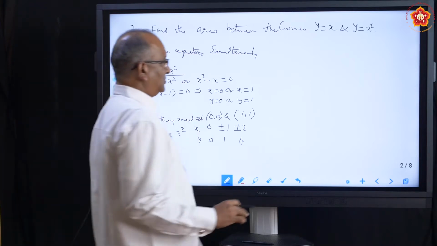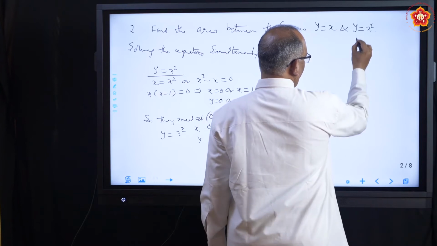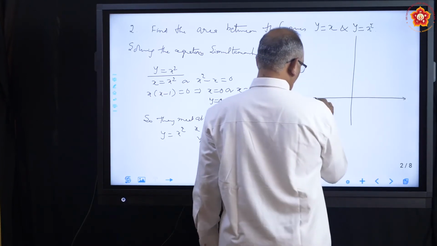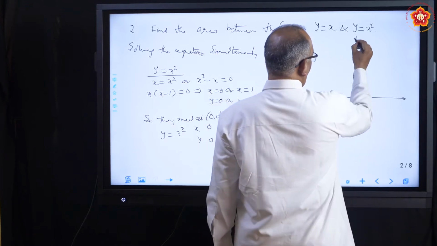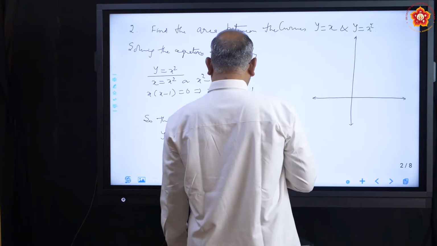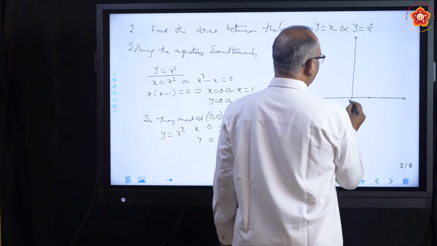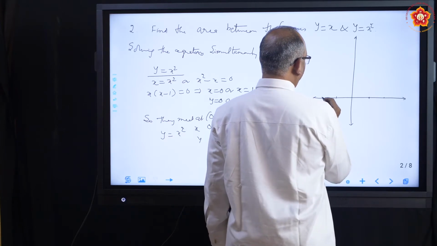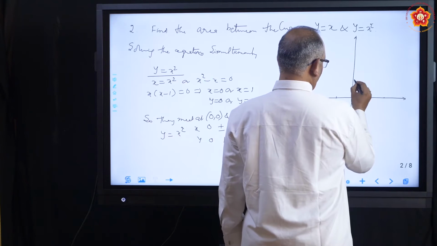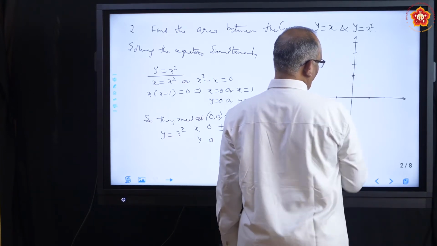We will just draw a rough diagram, we will not go into detail. The x values are only 1 and 2, similarly here we have minus 1 and minus 2, whereas y values we have up to 4.